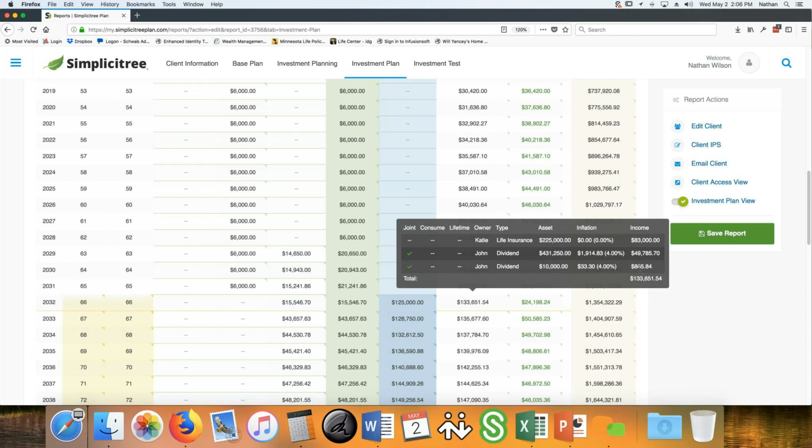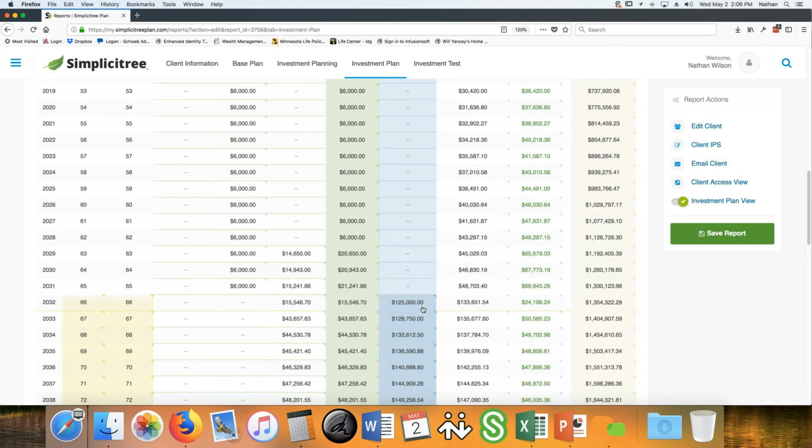On the Roth, it's up to $865, and this is an annual income number. And on that life insured retirement program, with Katie, the below ground money, there's $83,000 that is not subject to income taxes or market risk and comes in the form of income.